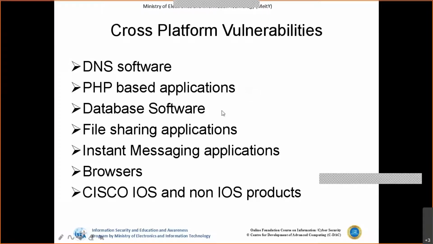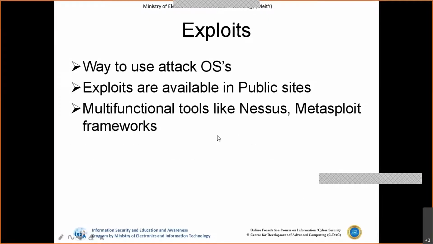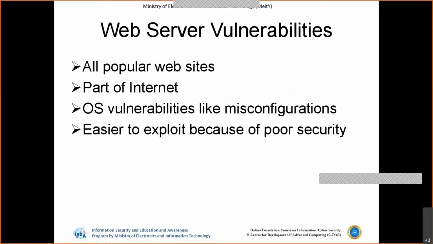If there are certain vulnerabilities, they can also be used. An exploit is a method to attack the operating system through the vulnerabilities that are there. For this, we use different kinds of frameworks or scanners like Nessus, and for more exploitation, we have the Metasploit framework.